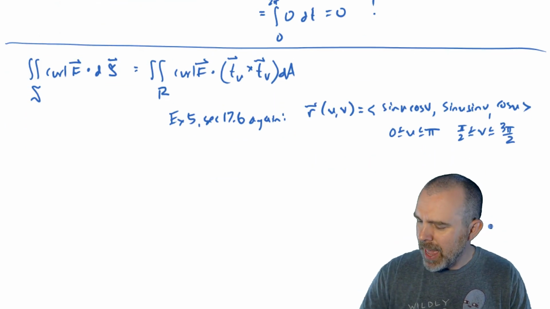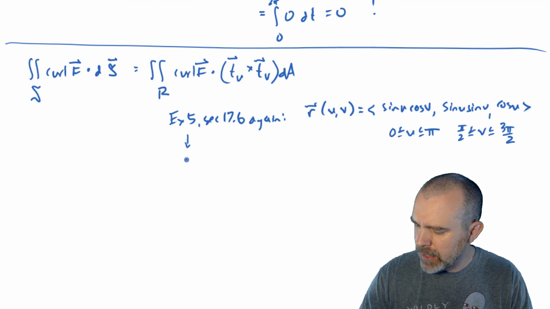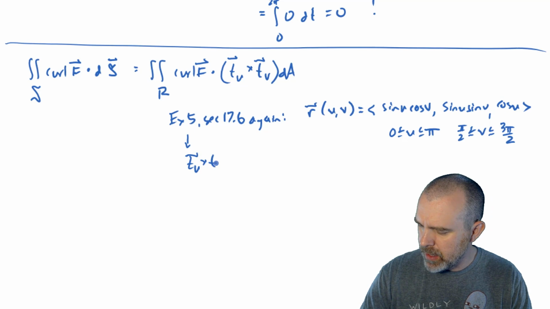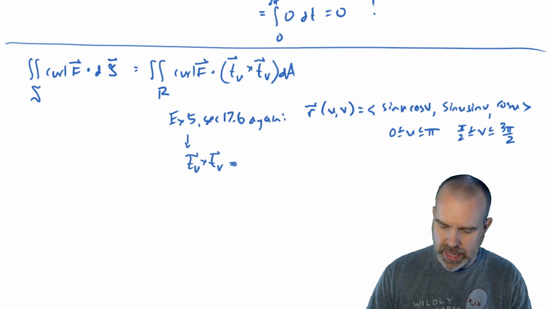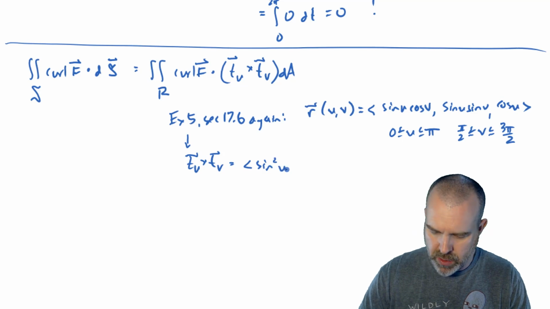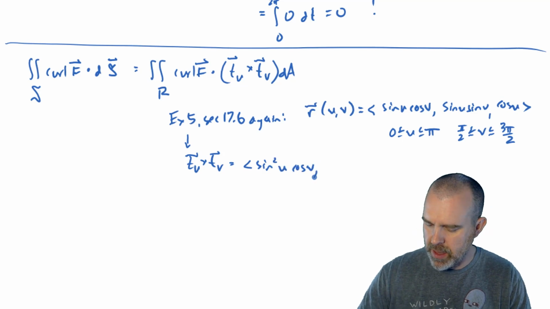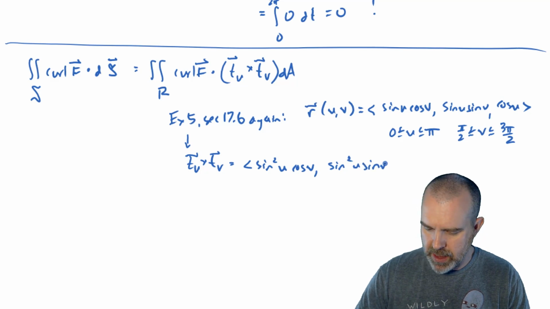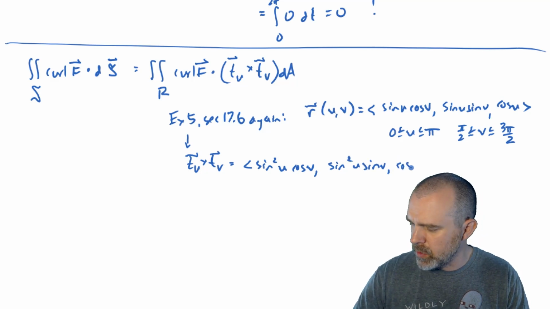Okay, again from example 5, we have the cross product. This would be a tedious one to compute again, so I'm just going to write it down here. It is sine squared u cosine v, sine squared u sine v, and then cosine u sine u.